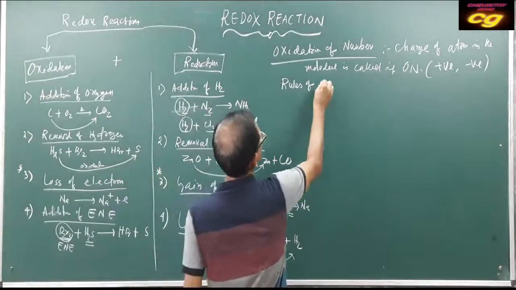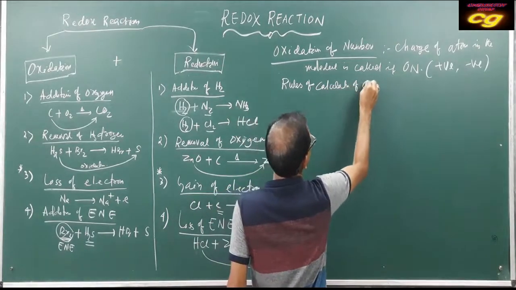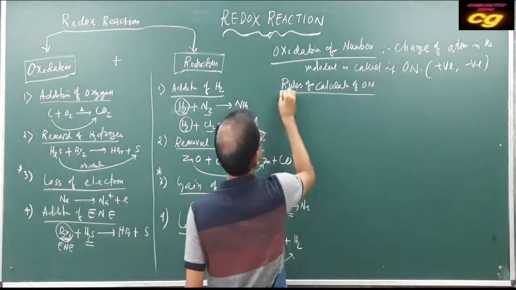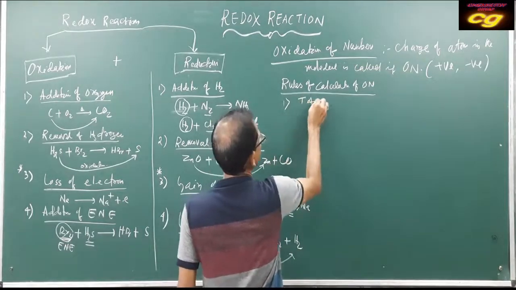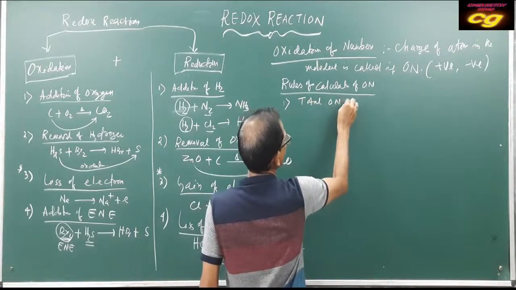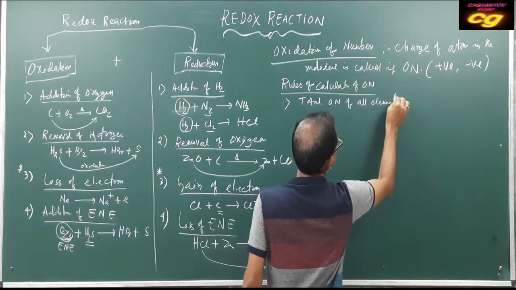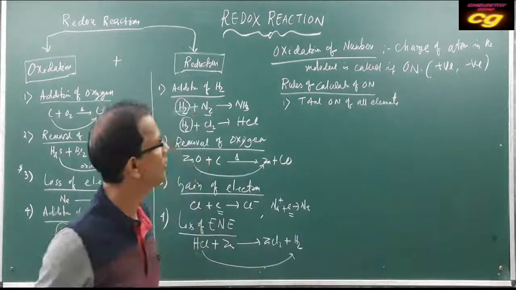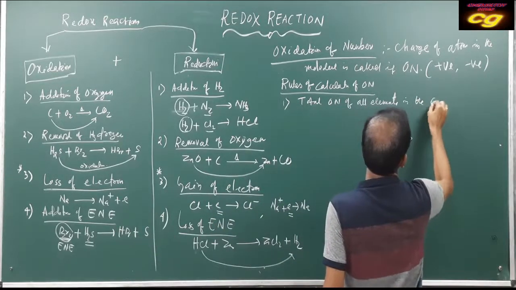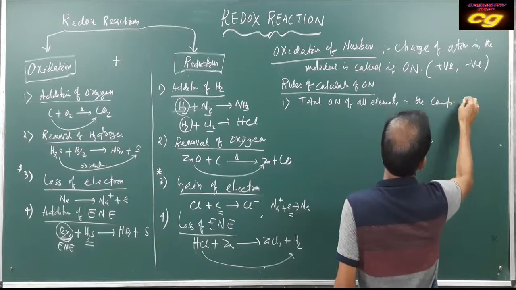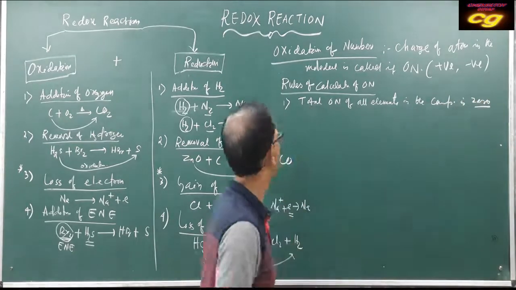The rules are like this: total oxidation number of all elements in the compound is 0.